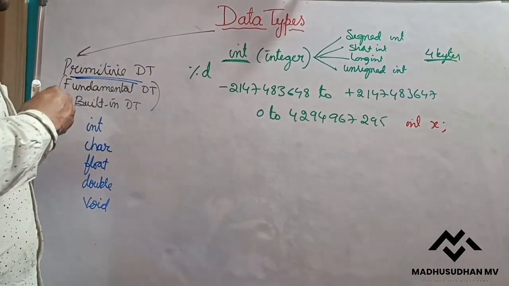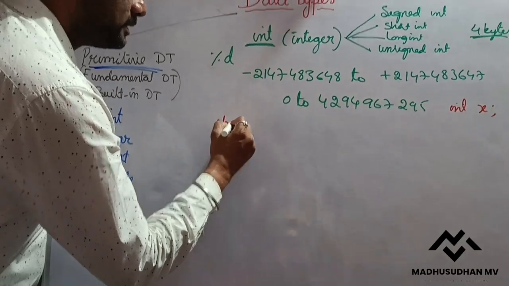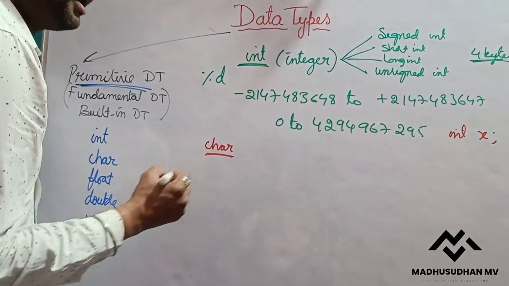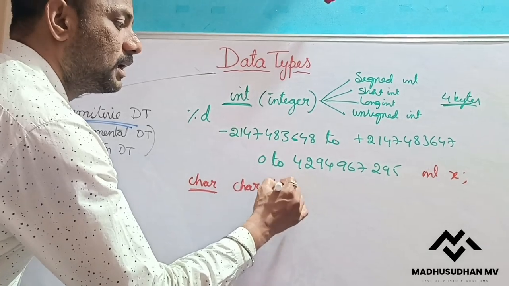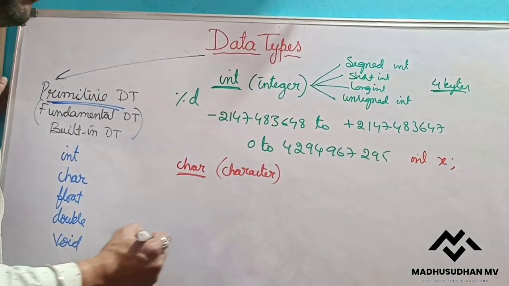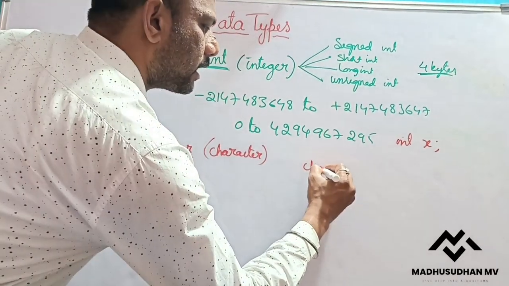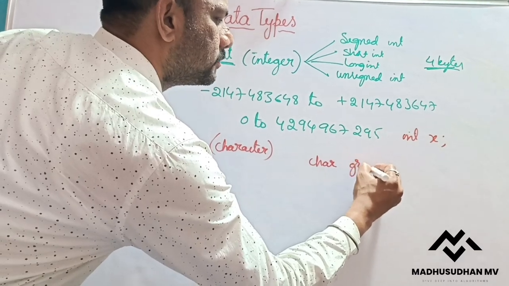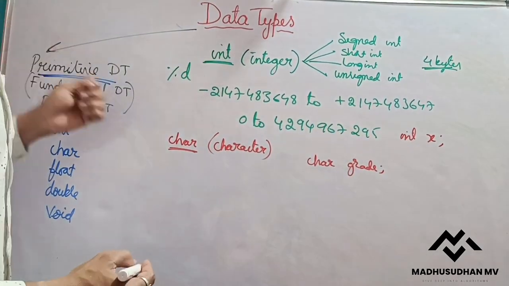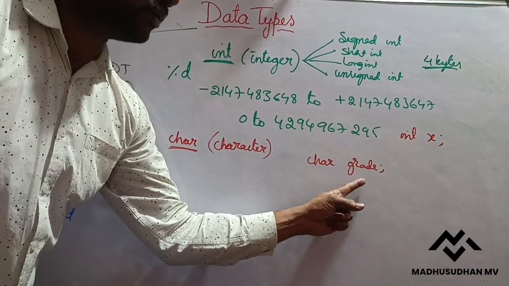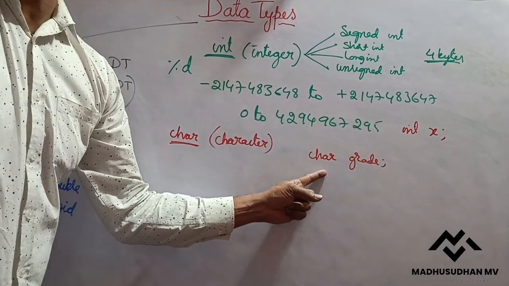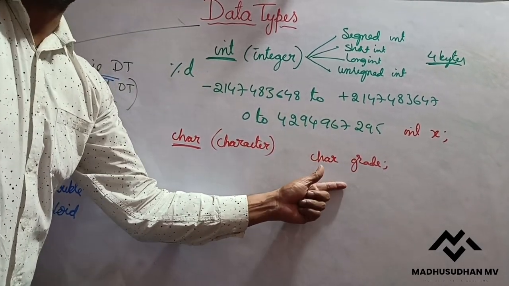Character is simpler. char is again the keyword to indicate that I am storing a single character in a variable. For example, char grade. Here grade is the variable name in which I am storing a character type of value.